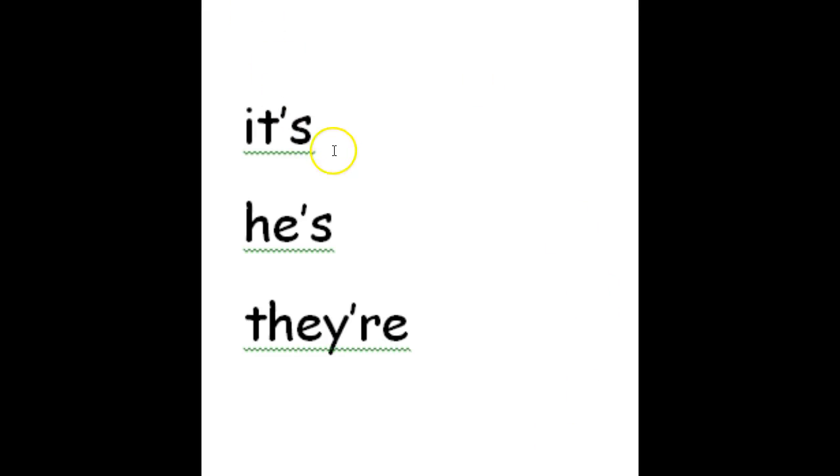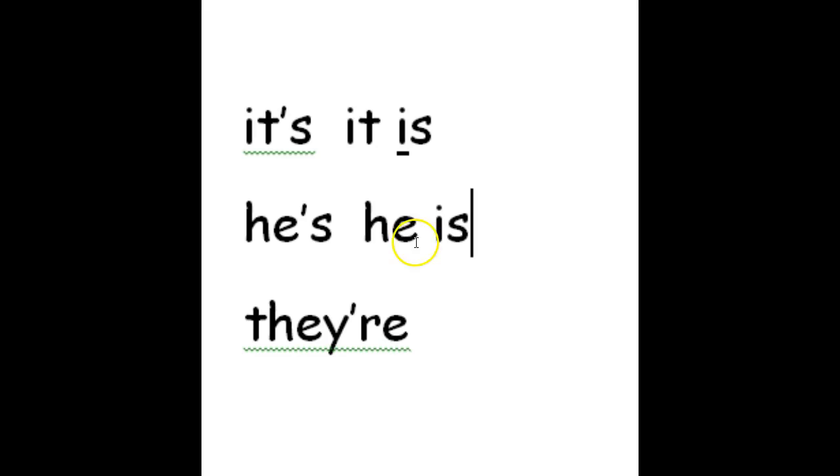So let's look at it's. It's stands for it is. You can see the apostrophe took the place of the I in is. We don't have the I, we have the apostrophe. All right, he's stands for he is.